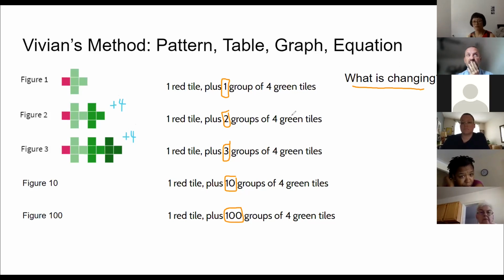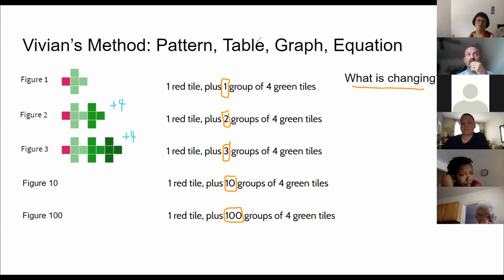Anything else that you all see changing in this whole situation? Everyone, the number of groups is changing. Anything else? Maybe it's too obvious. The total amount of tiles. That's true. The total number of tiles is absolutely changing, right? Yeah, and it's not even shown here. We don't even see the total number.